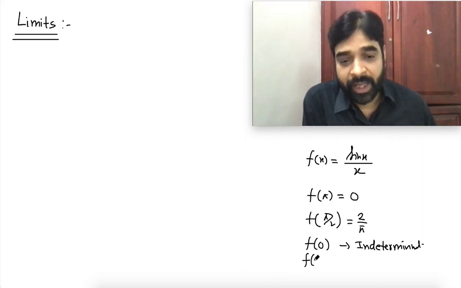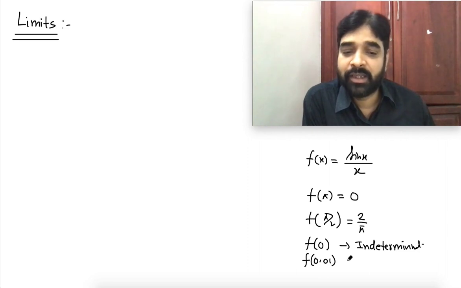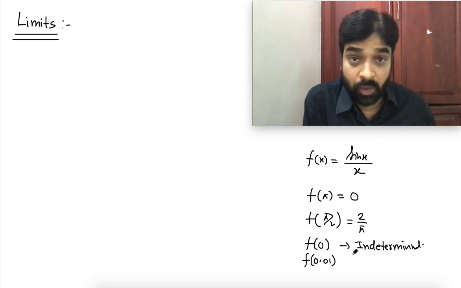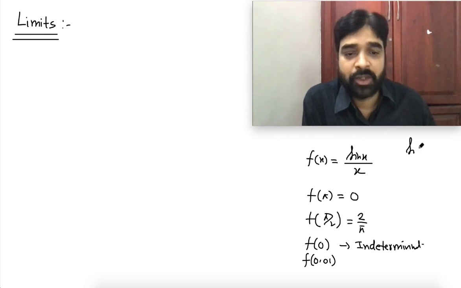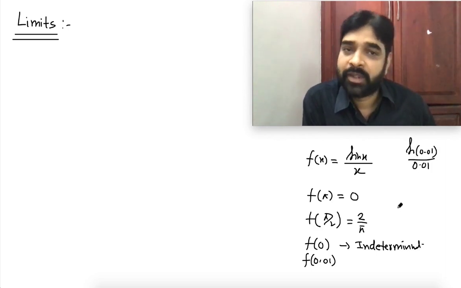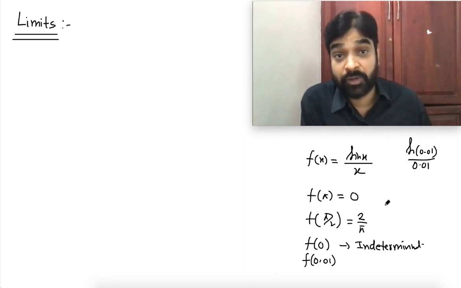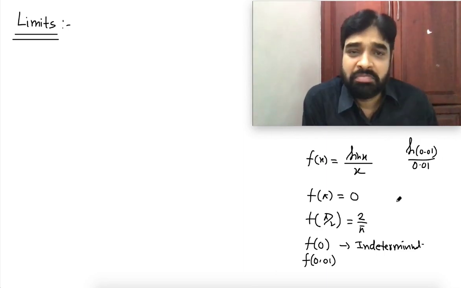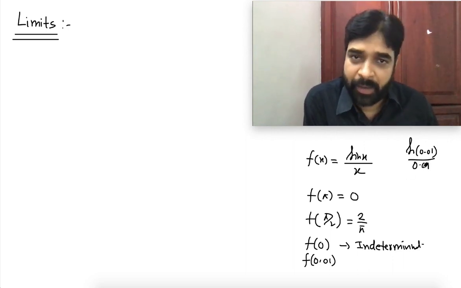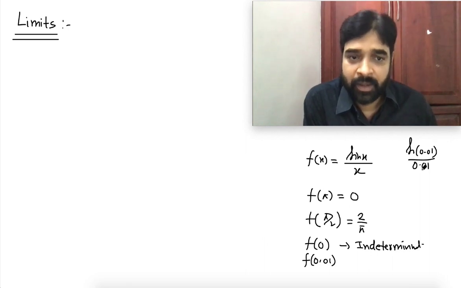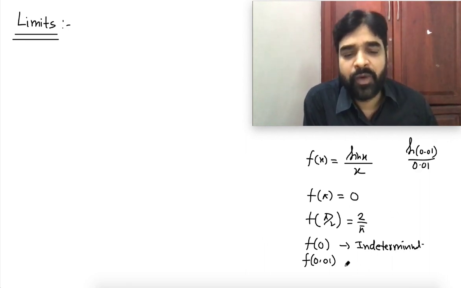If I say f of 0.01 is also indeterminate, you'll say no. There is some value, I don't know. I cannot calculate it, because I don't know the value of sin 0.01 divided by 0.01. Some value will be there, 100% some value is there. But how much? No idea. The smaller I go, the less idea you have.